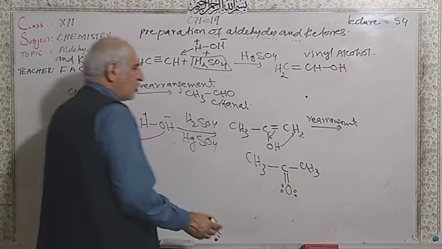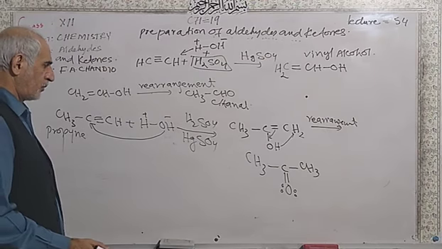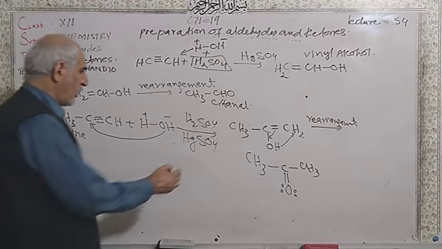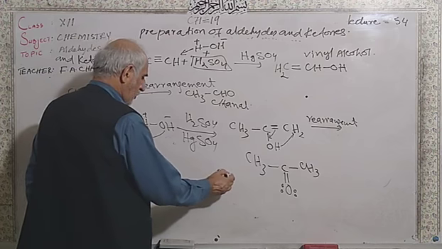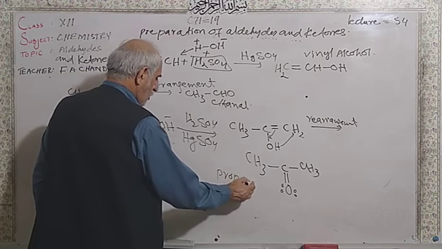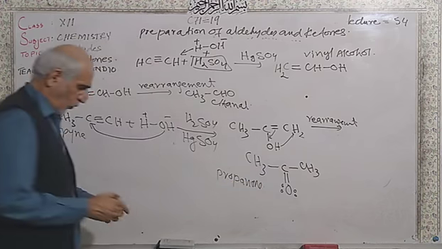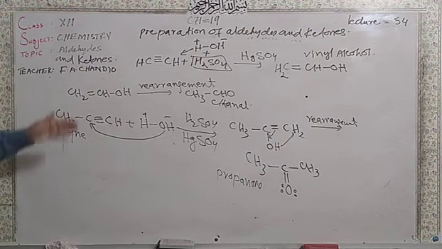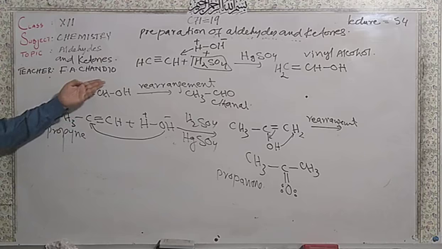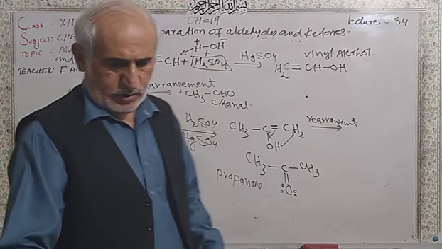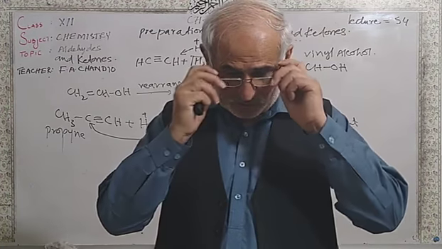So you will get a ketone, propanone. Formation of ketone. So all alkynes, except ethyne, give ketones because of the unsymmetrical carbon, according to Markovnikov's rule.